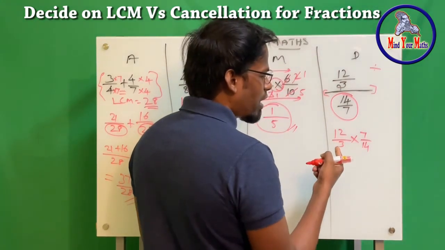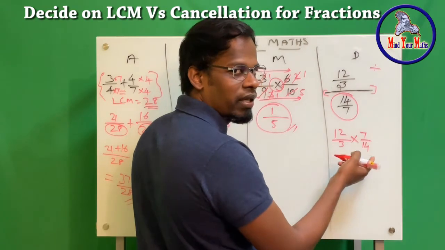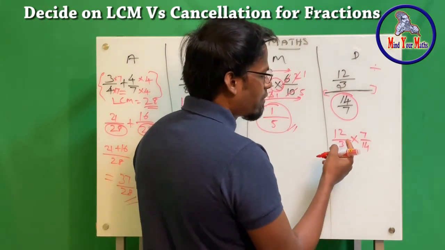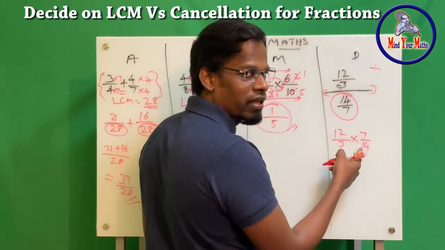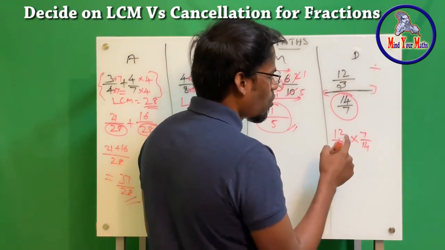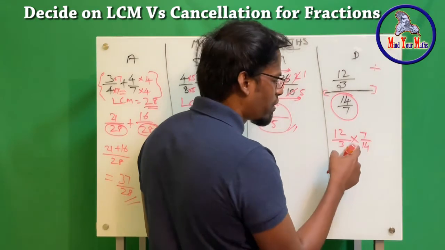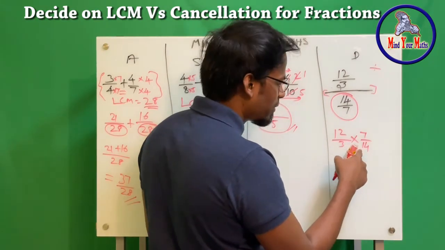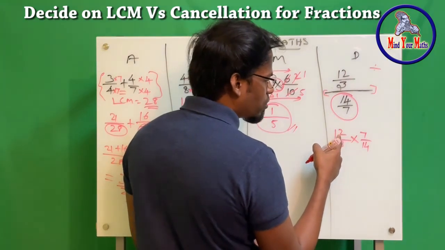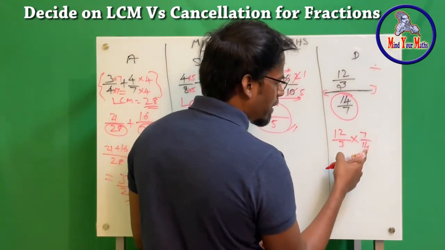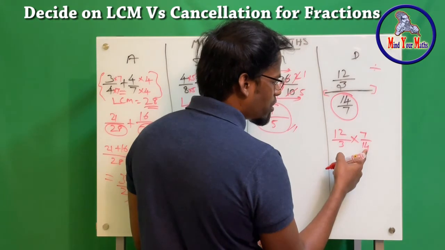If there are two numbers that can be divided by the same number, which means one from the numerator and another from the denominator, how do we do that? Let's take the 12. So this 12 and the 14 can go for 2, right?